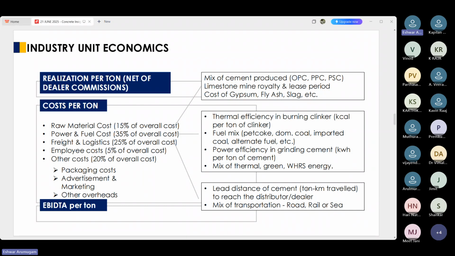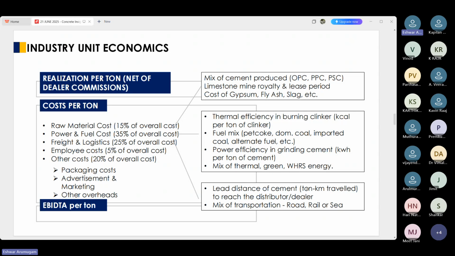One company's lead distance is 200 kilometers. Essentially, your plant and your end user are 200 kilometers apart. And another company's lead distance is 300. Essentially, in periods of high crude prices, the company with the 200-kilometer lead distance will tend to have lesser costs than the other company.